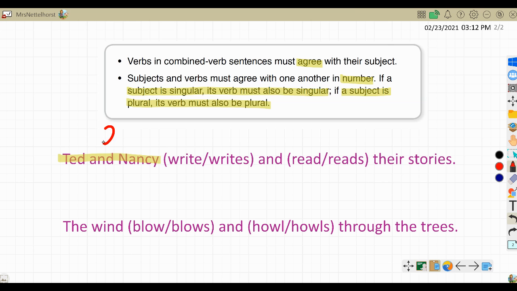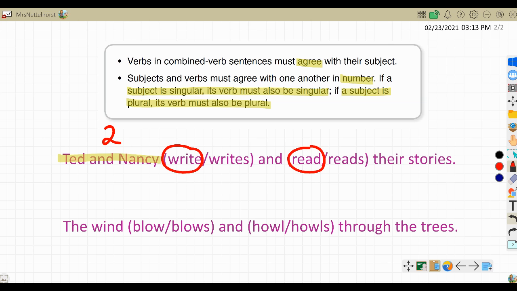Okay, so I have two people. So that would be like they. They write. Okay, so the verb that agrees with Ted and Nancy is write, plural subject, plural verb, no S on the verb. Okay, so they write and read their stories.